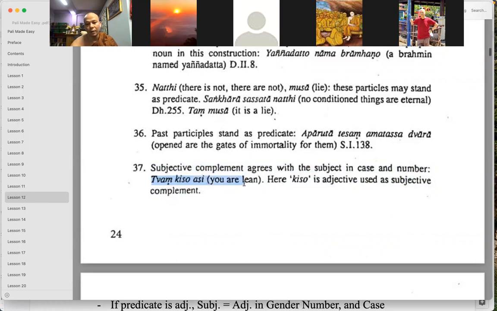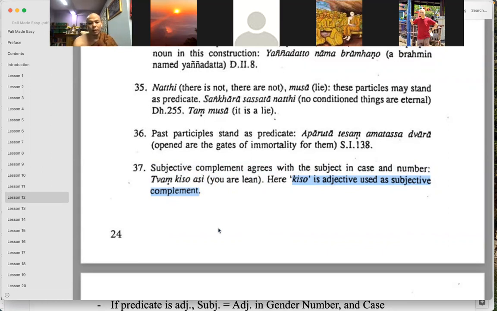So, Tvam kiso asi. You are lean. In this example, kiso is an adjective, used as an adjective complement or subject complement, actually referring to the one who is lean. You are lean, right? So they have the same reference.